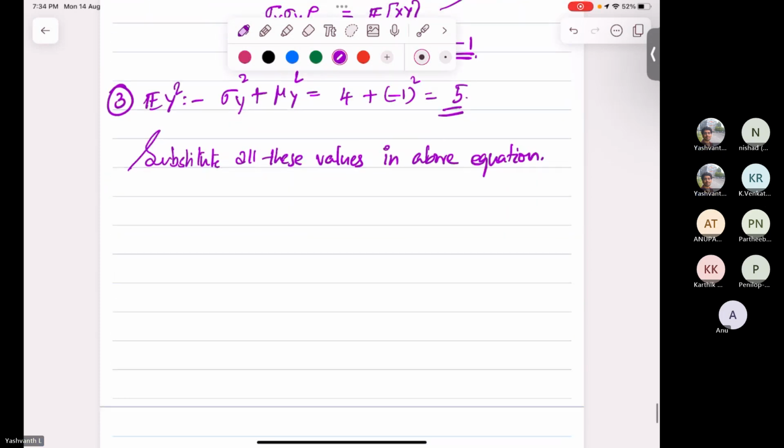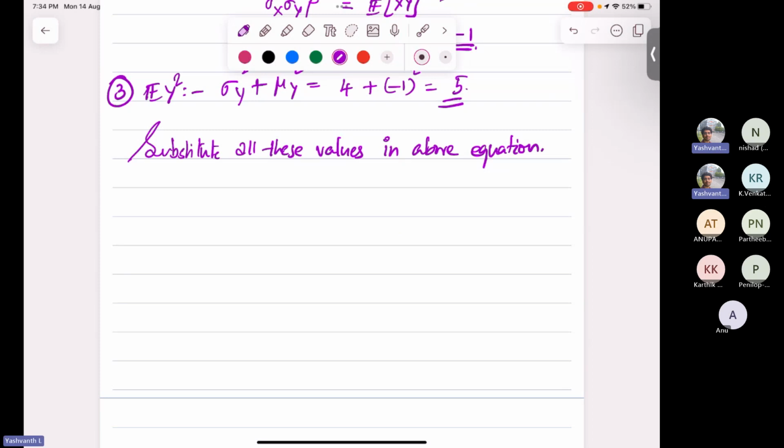You can show that it boils down to a plus 2a plus 1 into minus 1 plus 10 minus 4 plus 2 equal to 0. You can compute it and show that a equals 7.